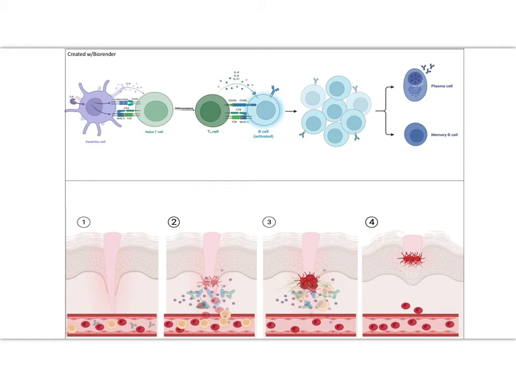So once the plasma cells are producing and releasing antibodies and the memory cells are circulating, the next time we see a microbe, we have antibodies. We see that same microbe, not just any microbe, but that same microbe that had that antigen that we responded to. The next time we see that same microbe, now in addition to the normal innate immune response activities, we have antibodies that can help.